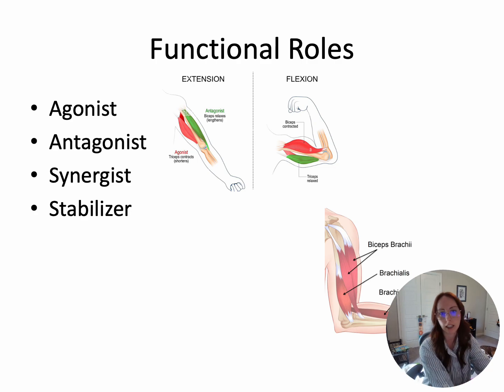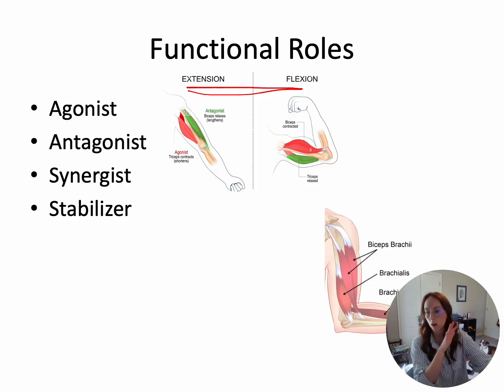So for my example over here, we have extension and flexion of the elbow. So being able to flex your elbow, your biceps are the agonists to bring that elbow up, while your triceps on the opposite side, on the contralateral side, are the antagonists. They're having to lengthen, having to relax to allow the movement in that joint.